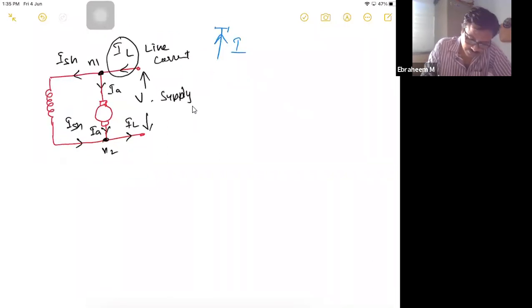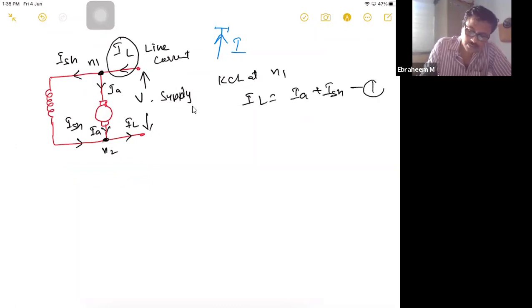If you apply KCL at N1, IL is equal to... the incoming current is IL, outgoing currents are IA and ISH. This is the current equation of shunt motor. Okay, this has its field winding resistance.